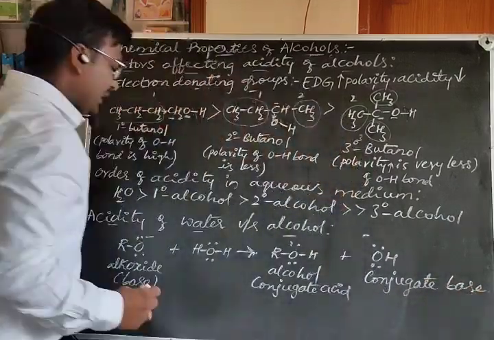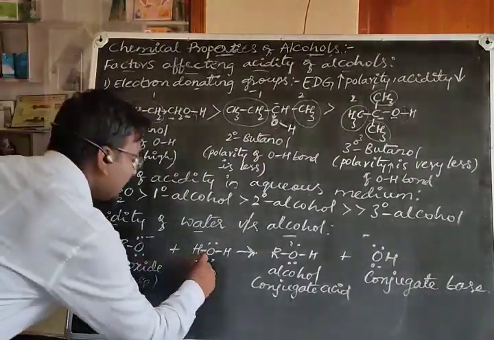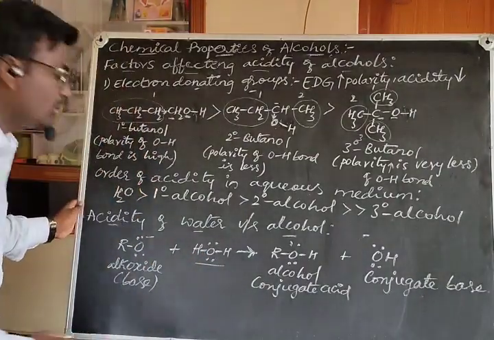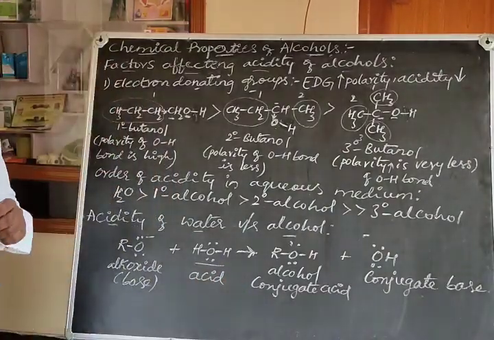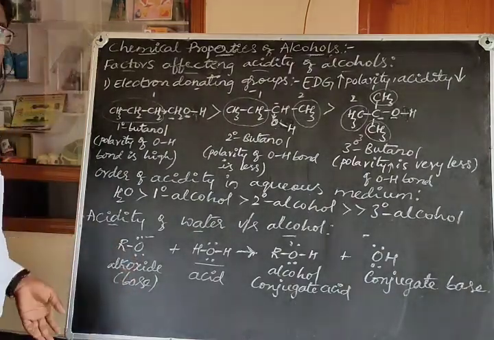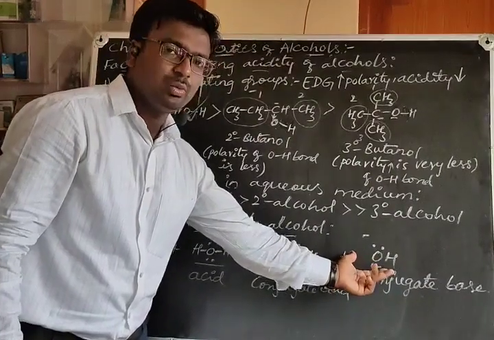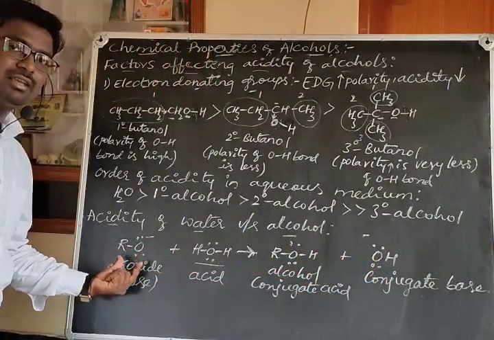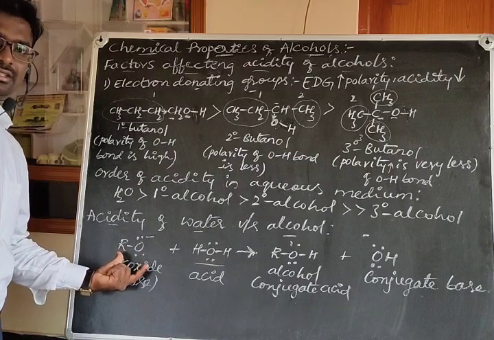When you look at this reaction, which one is acting as a proton donor? The H2O. It is acting as a proton donor, hence it is considered as an acid. And OH minus is a strong base. Usually, when you compare the basicity of hydroxyl ion OH minus and alkoxide ion RO minus, the basicity of the alkoxide ion is higher.